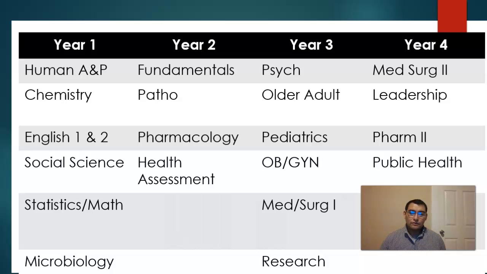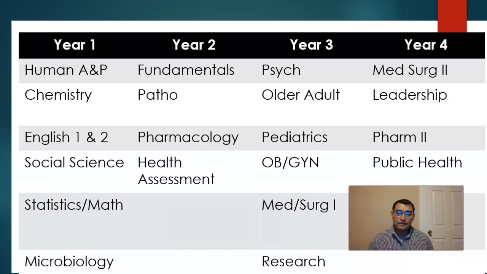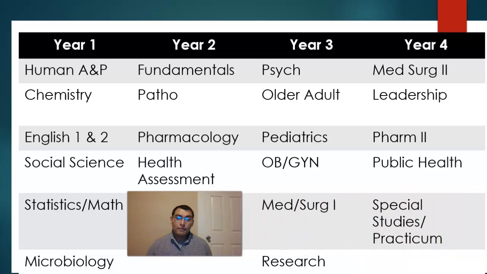Here we see the layout that I would have for the BSN program, based upon research and the educational approaches, which also help support the theories regarding learning foundational pieces that also build upon each other. We start off with human A&P, chemistry, English 1 and 2, the social sciences, statistics, math, and microbiology.